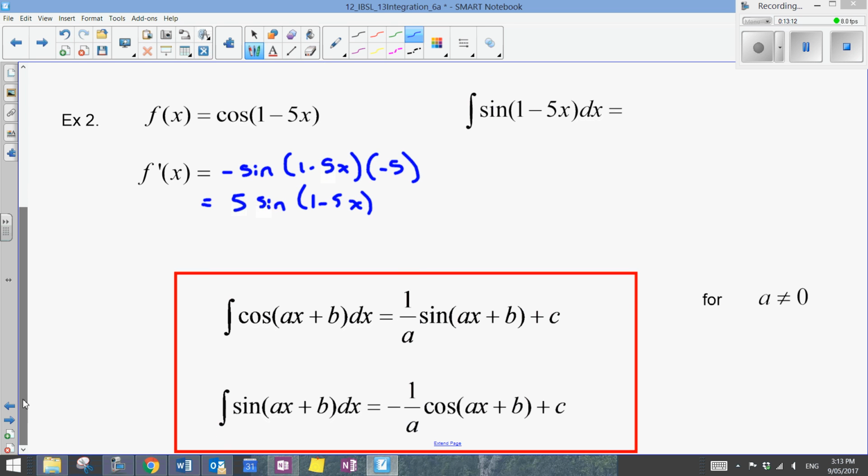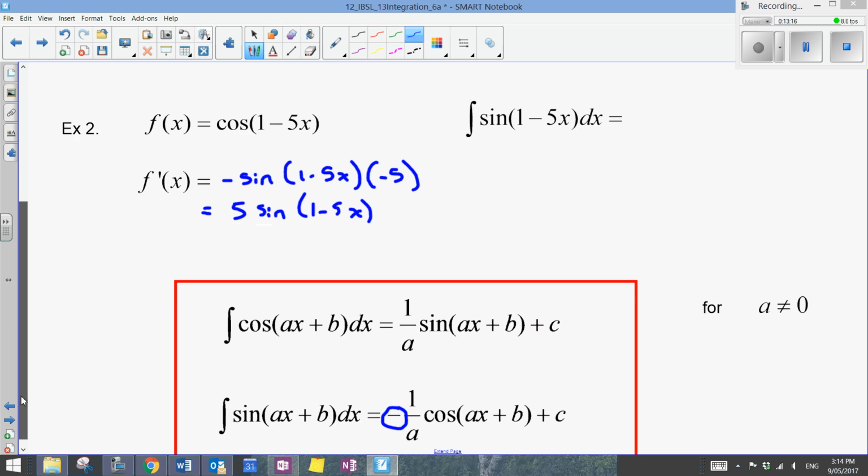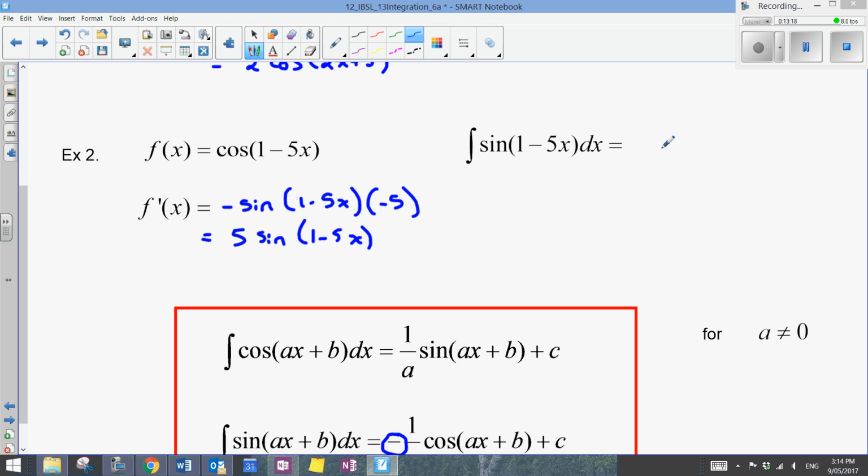So think about that negative value that needs to pop up in this last rule for today. So if I want to get sine, I need to work with negative cosine as my integral, 1 minus 5x, and I'm going to divide by the derivative of the inside, and then add on my possible c value.